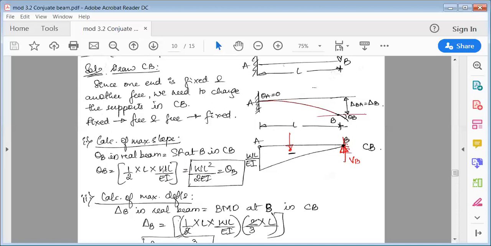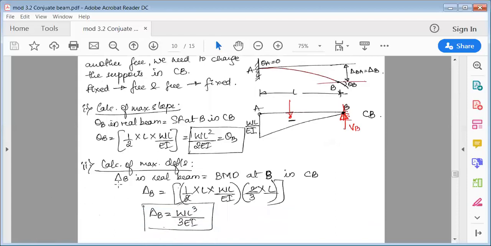This is the area. So theta B is equal to WL square over 2EI. So here the simple logic is the total load acting downward should be counteracted with the total shear force acting upward. So this load should be stopped by this force which is acting upward. So this is theta B.